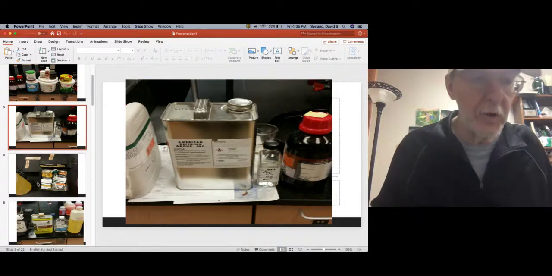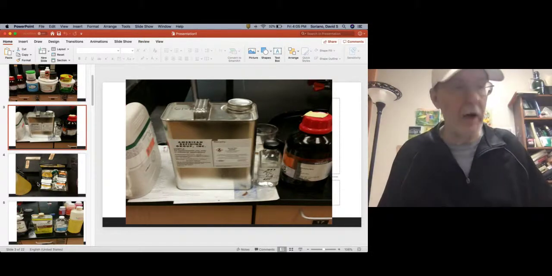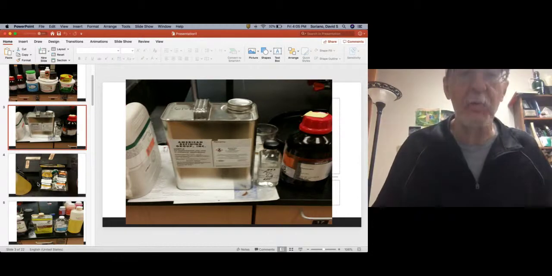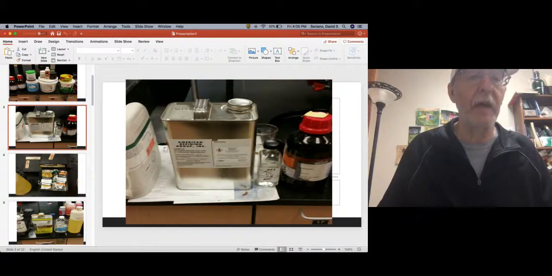Now, jojoba oil is really a wax. It's a liquid wax, and we're making some synthetic analogs of the jojoba oil, which I'll mention in a little while. But these are some of the materials we work with every day.